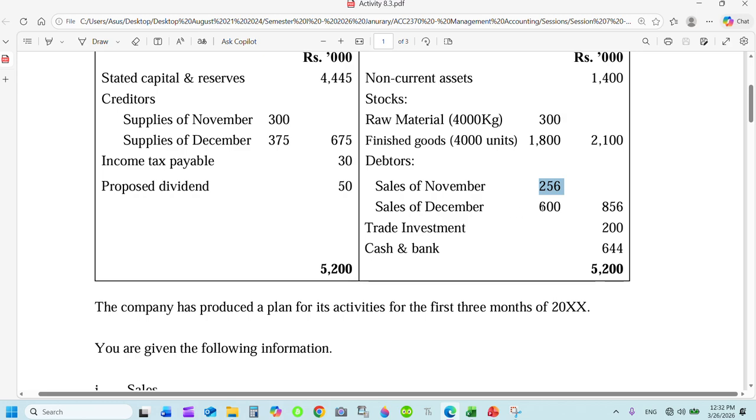Out of sales made in December, we have 600,000 receivable. This is not November total sales, right? Out of the November sales, remaining receivable is this much. Out of the December sales, remaining amount is 600. So these amounts must have been collected during the current period.